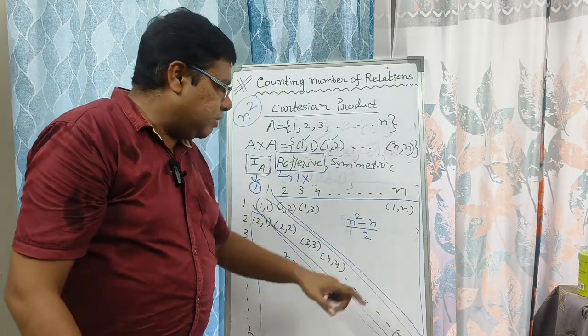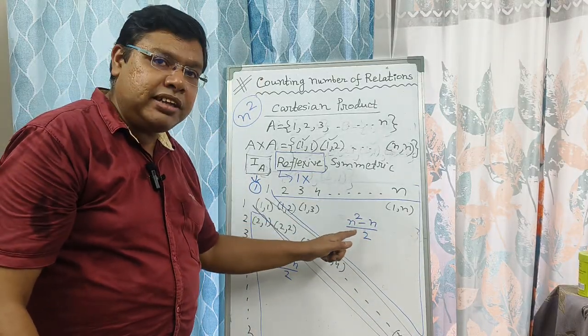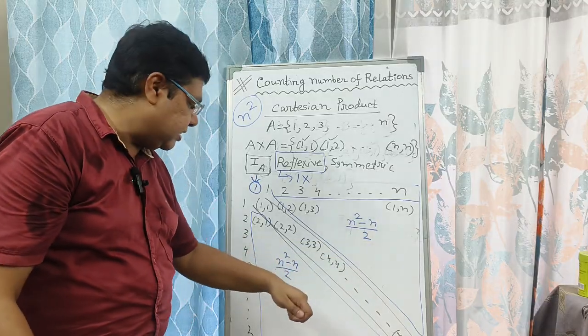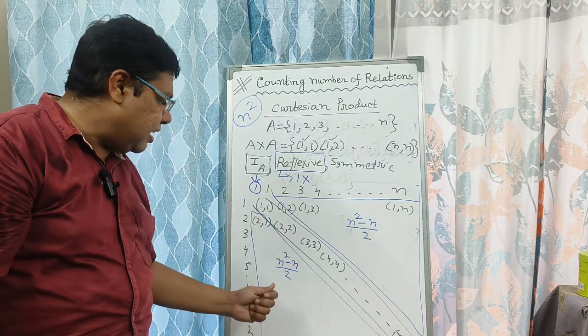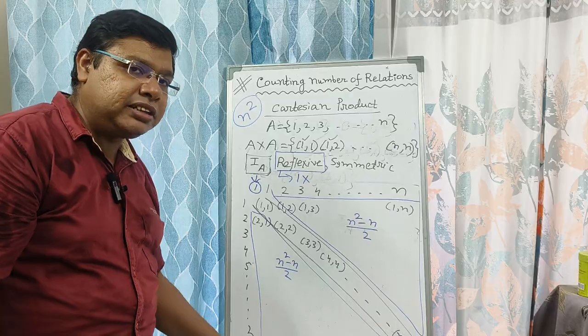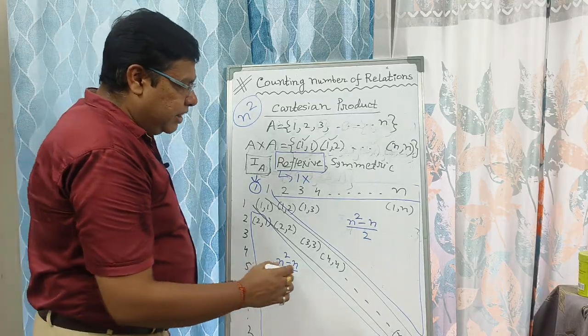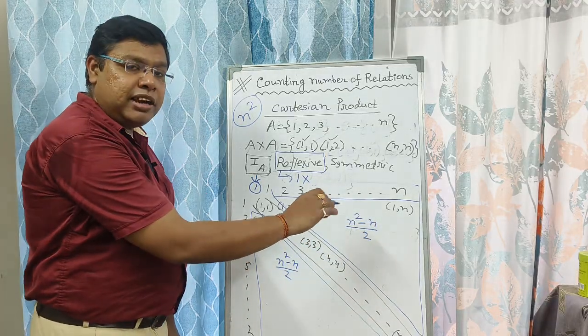Suppose in this triangle, these many elements are there. I may select or may not select. From here also I may select or may not select.